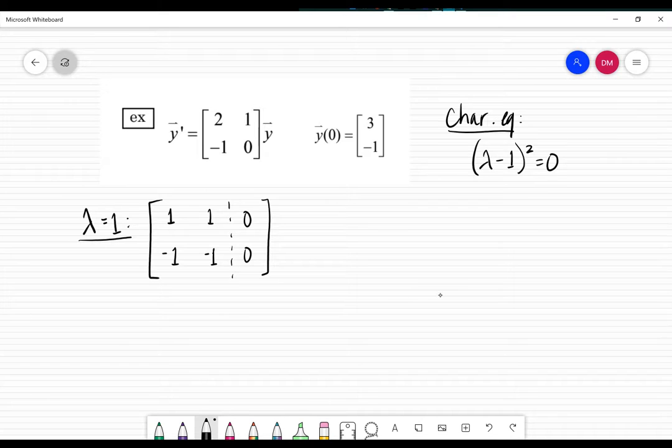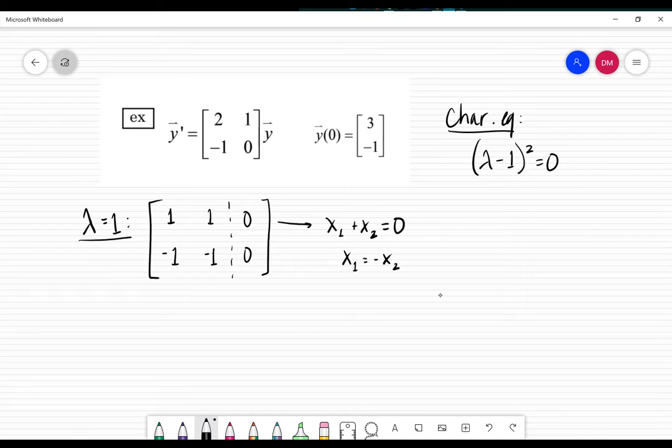Row 2 is just row 1 multiplied by negative 1. So really, my only help here would be from row 1, I get that x1 plus x2 has to equal 0. And if that's the case, then x1 has to equal the negative version, the opposite version of x2.